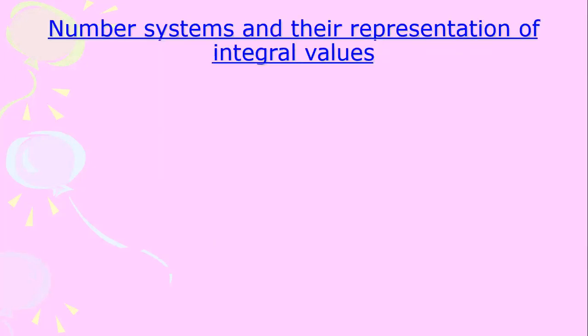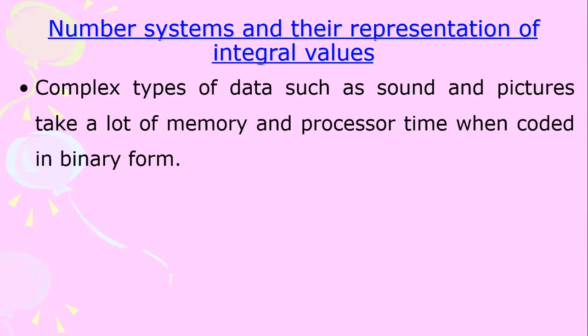Let's now focus on number systems and their representation of integral values. Complex types of data, such as sound and pictures, take a lot of memory and processor time when coded in binary form.